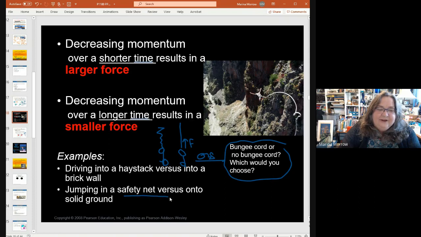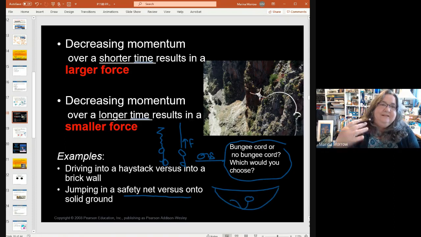And so when you see people doing acrobatics, I like to see a safety net. But the same idea, when they hit the net, it stretches, right? So they can happily stretch with it, longer time, smaller force, and they survive.